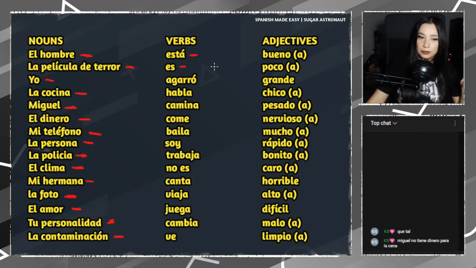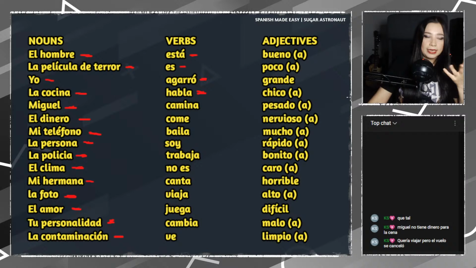Es also means to be, conjugated, of course. Agarró, grabbed, okay? Habla, to talk, to speak. Camina, walk, okay?